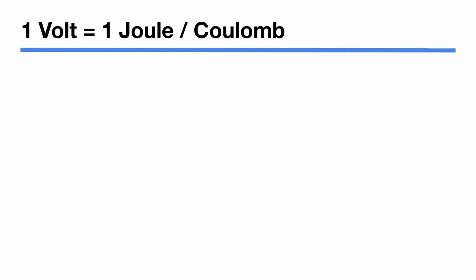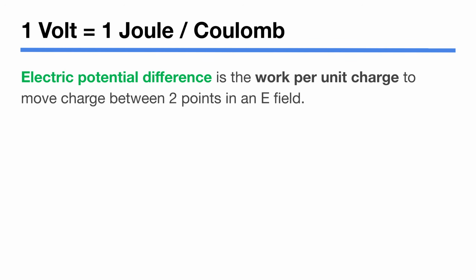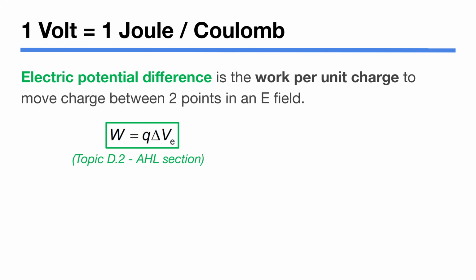Another really good something-per-something unit is the volt, which is a joule per coulomb, which comes up all over the place. So our definition of potential difference, for example electric potential difference, is work per unit charge. You have two versions of equations that tell you this in the data booklet.